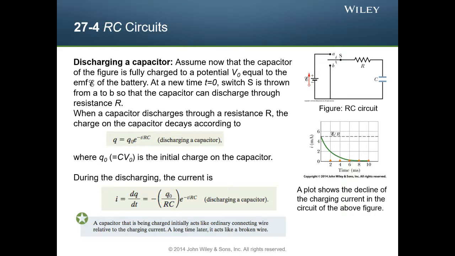If V0 is 0, then Vs plus A will be 0. So A will be minus Vs, and then we will get V(t) will be Vs times 1 minus exponential to minus t over RC, something like this. This is what we can find in the textbook.